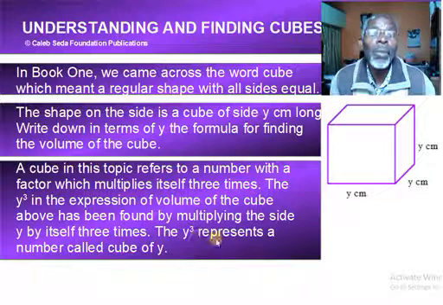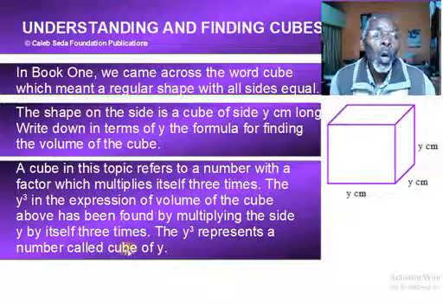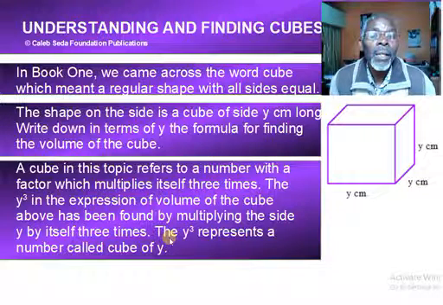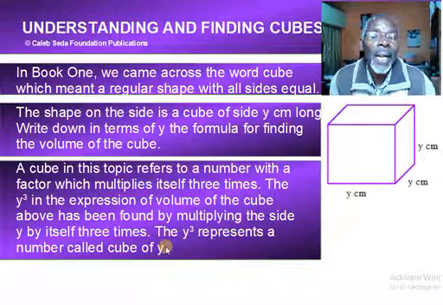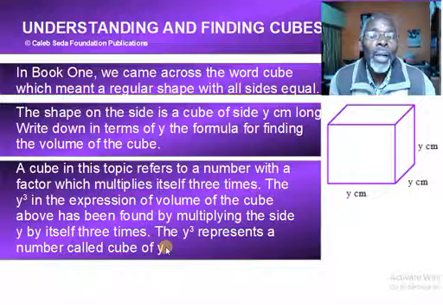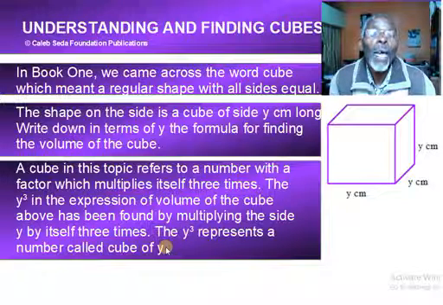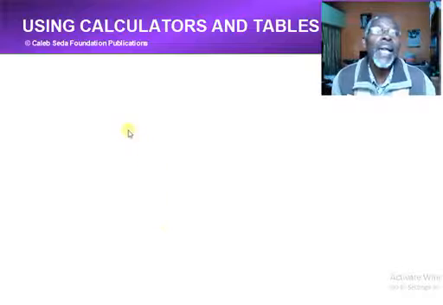The y cubed represents the number called the cube of y. A cube, therefore, is referring to a number for which one of its factors is multiplied 3 times to get the number. That number becomes a cube. Very well.